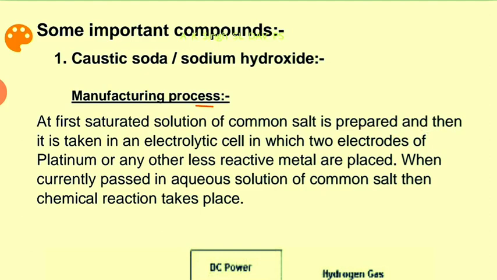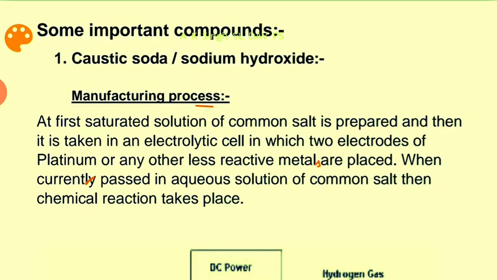And then it is taken in an electrolytic cell in which two electrodes of platinum or any other two less reactive metals are placed, and when current is passed in the aqueous solution of common salt, then a chemical reaction takes place.